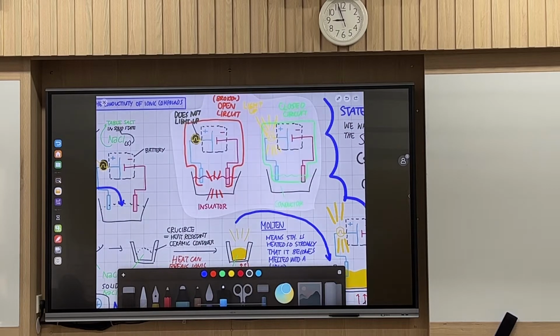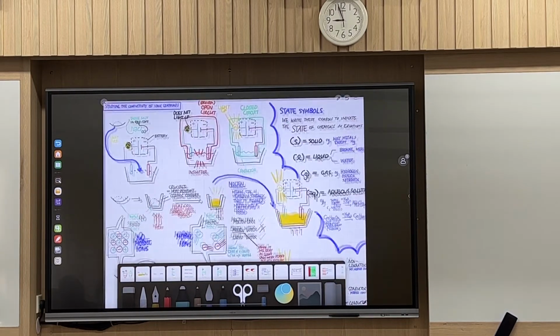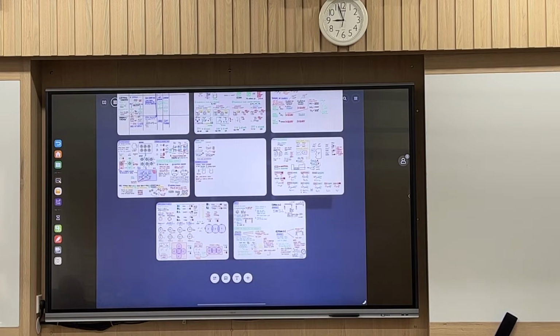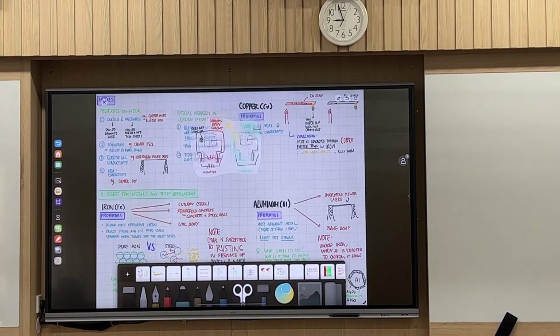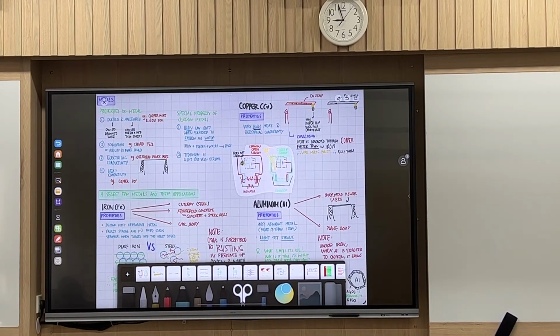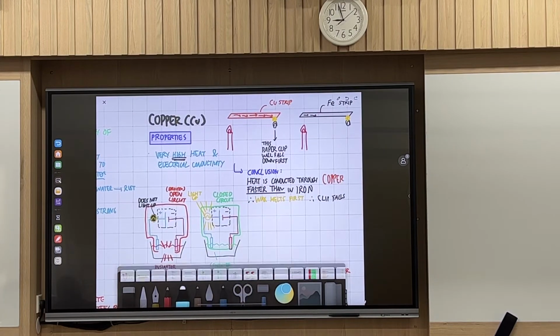I'm not going to paste this in your notebook, but you should remember this from before. So just paste this in here. On the top right, what is this a test of?